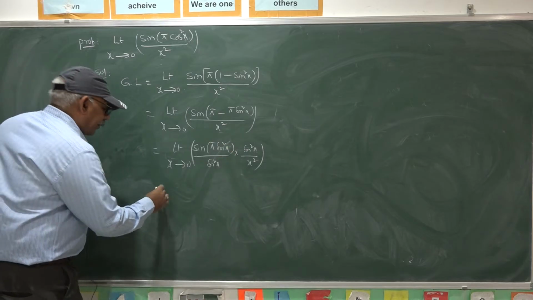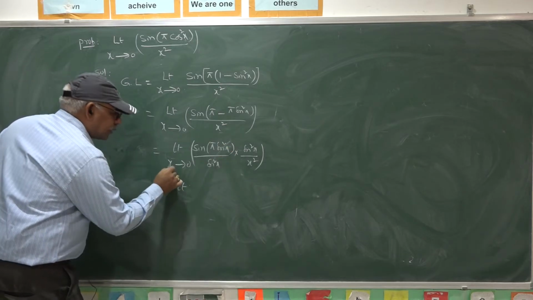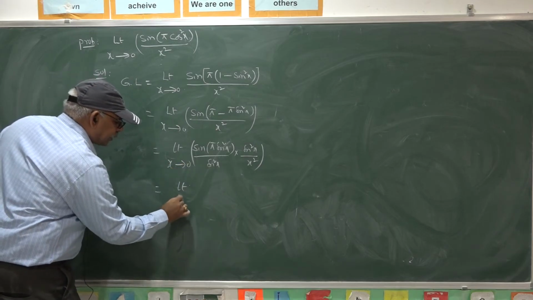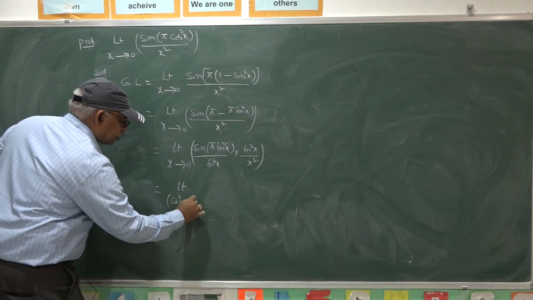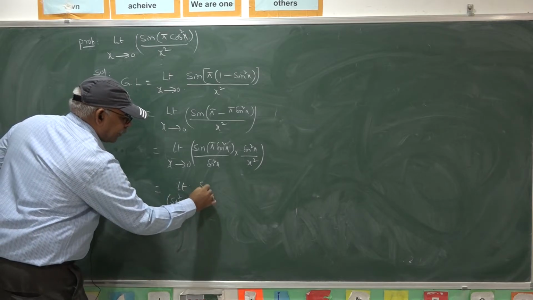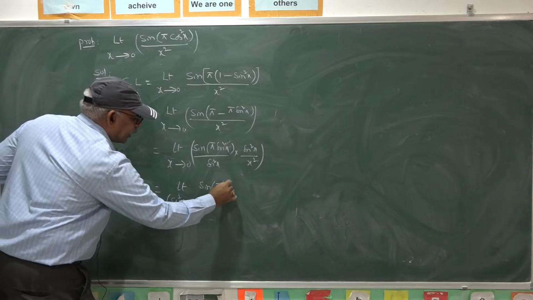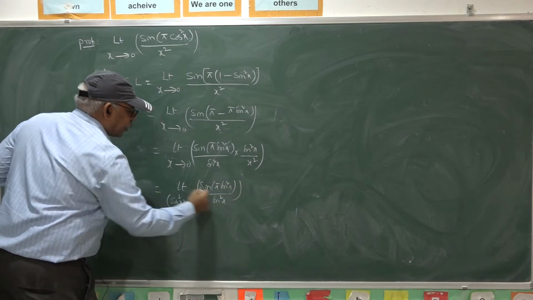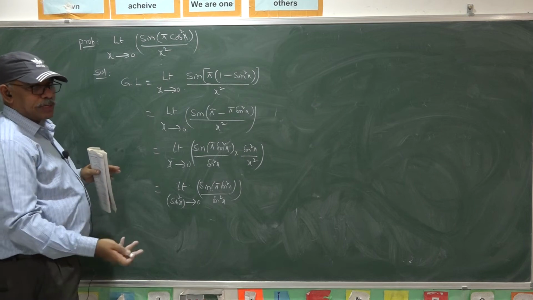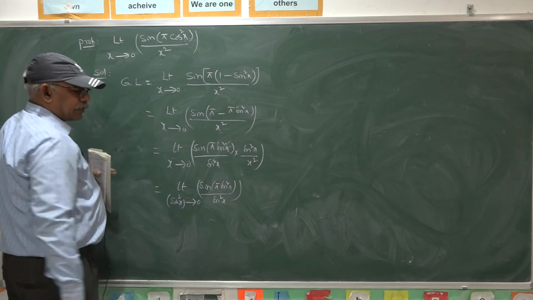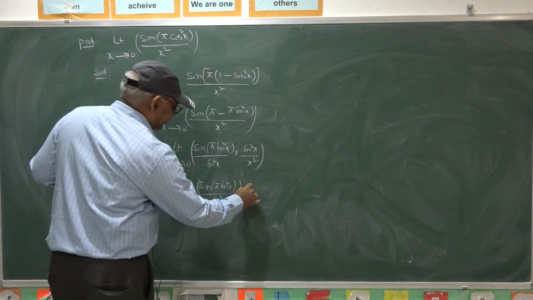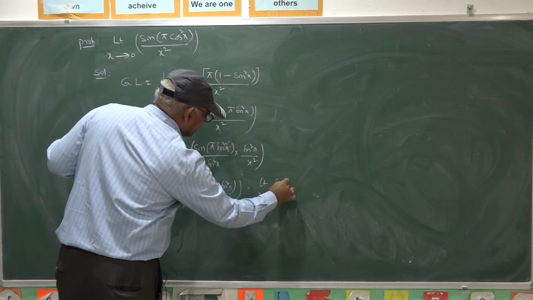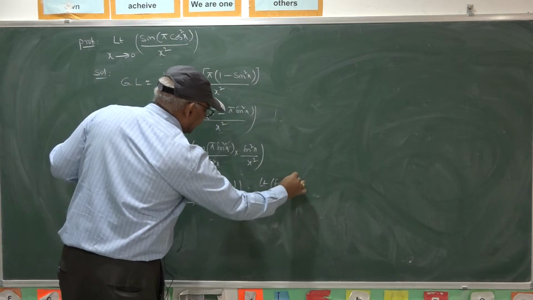So straight away you can write this limit: as x is nearing 0, sin x goes to 0, otherwise sin square x also goes to 0, sin of pi sin square x by sin square x, into limit x goes to 0 of (sin x by x) whole square.